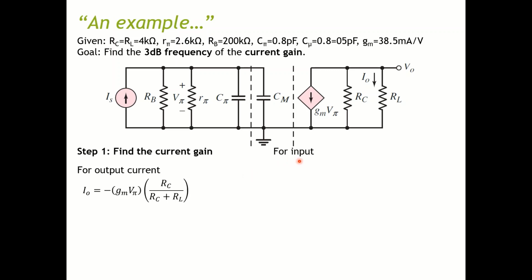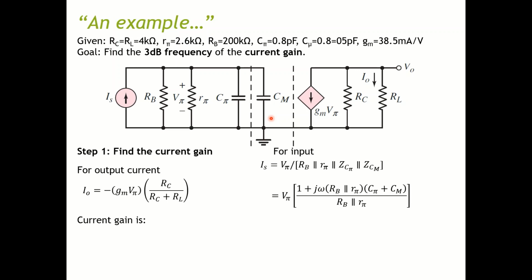For the input, you can consider this loop. So you have V pi. The current going through is equal to V pi over the total impedance of RB parallel R pi, parallel the impedance of C pi, and parallel the impedance of Cm.